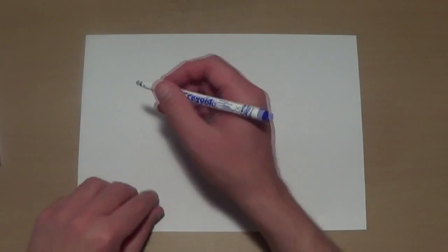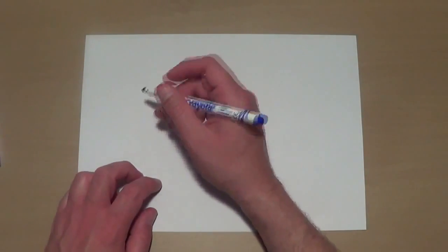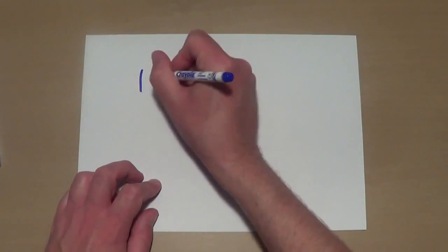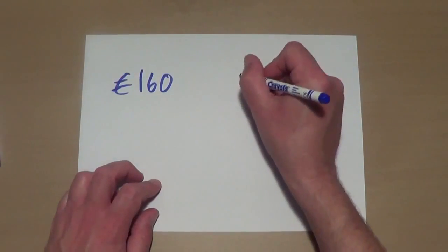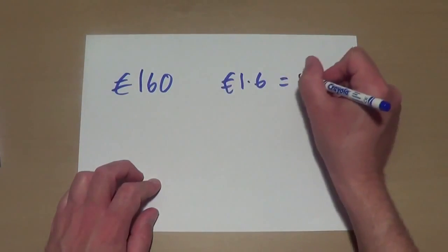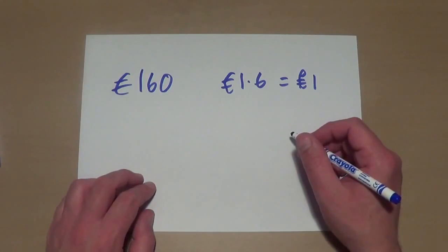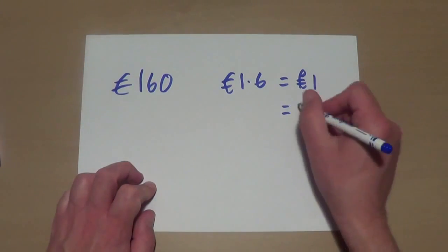A teacher took a group of pupils to an aquarium whilst visiting France. The total entrance cost for the group was €160. Taking 1.6 euros as equal to £1, what was the total entrance cost in pounds for the group of pupils? Okay, right, so all we do here, it's a bit like the conversion sheet, is we just build it up.